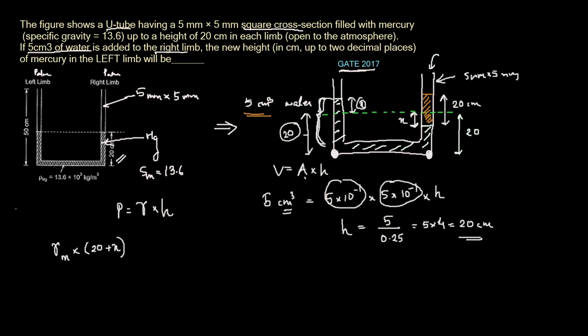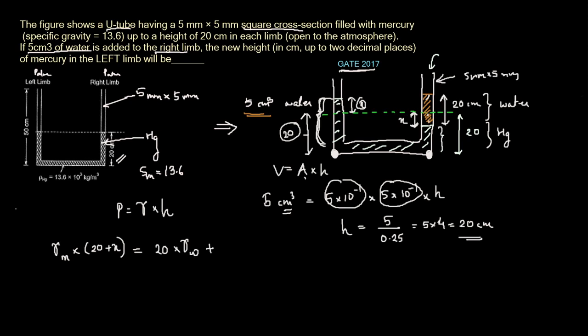So to get the pressure here, we have two liquids. This right here is water, and this is mercury. So we need to add both pressures. We have 20 centimeters of water, so 20 into gamma of w, plus we need to find this height.